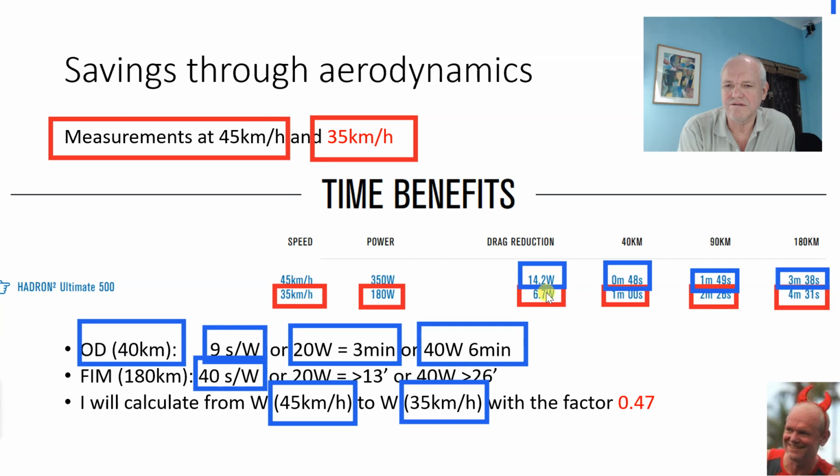So I calculated 6.7 divided by 40.2, and then I came to the factor. It's 0.5, a half. So you can say if you see something at 45 kilometers per hour and there's a saving of 10 watt, then for us it's maybe something like half, 5 watt. So that will be important later on, because everything we calculate is based on that.